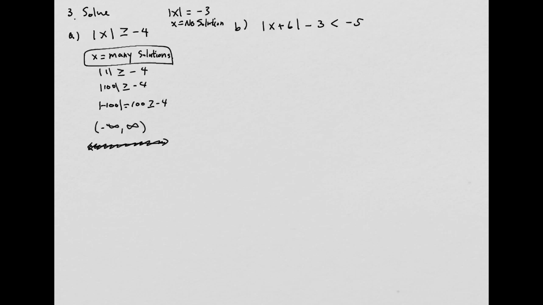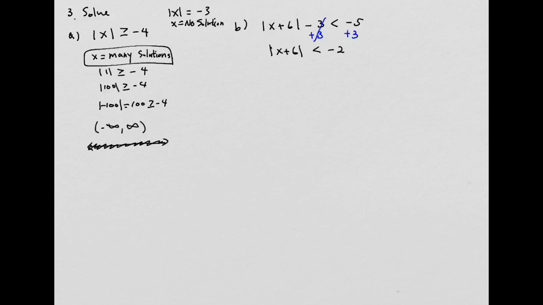But as it is right now, we don't know that because we still need to isolate the absolute value before I decide that. So I will add 3 to isolate the absolute value. Then I will get absolute value of x plus 6 that is smaller than negative 2.